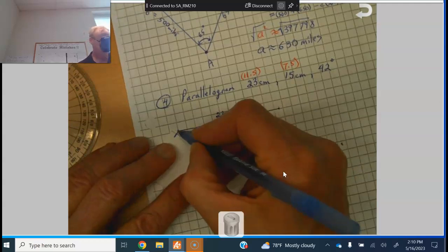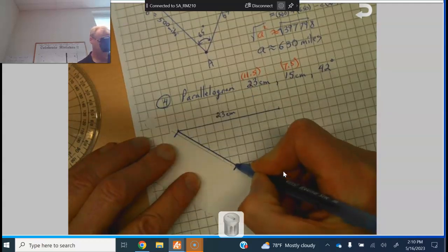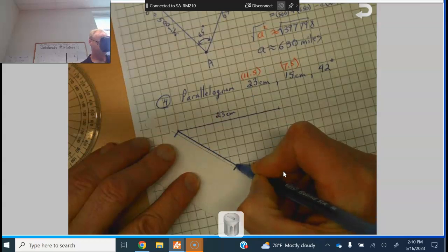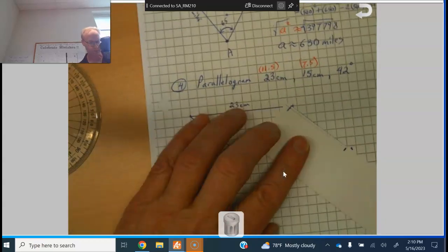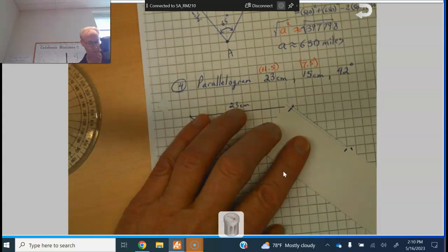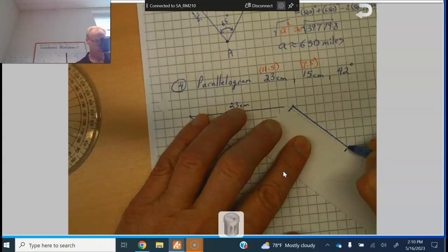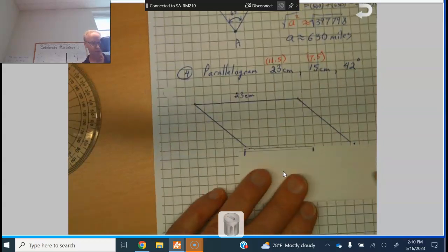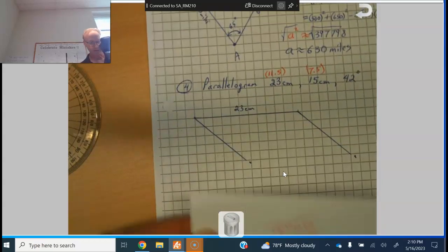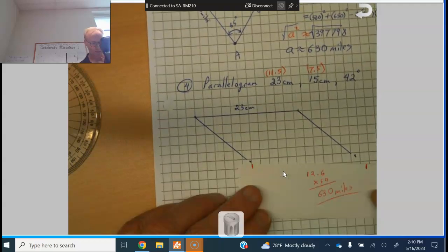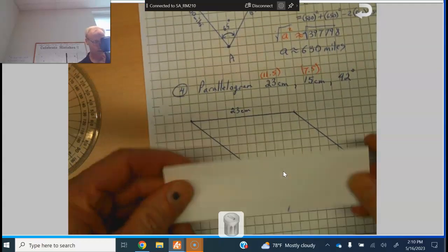This one is 7.5. This one is 7.5. And this should be 11.5, and there's a way to tell. I just take a look and see. Let me see. I'll just measure it with this one.